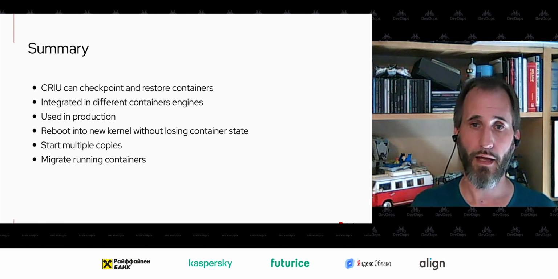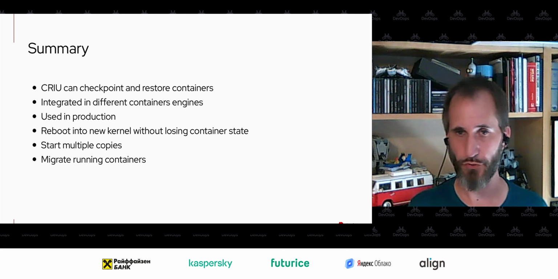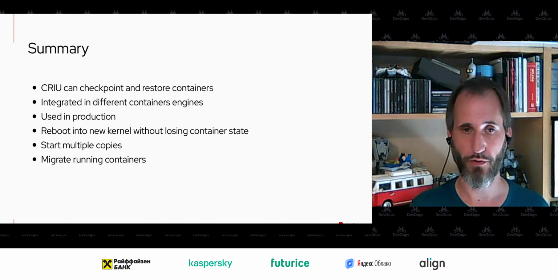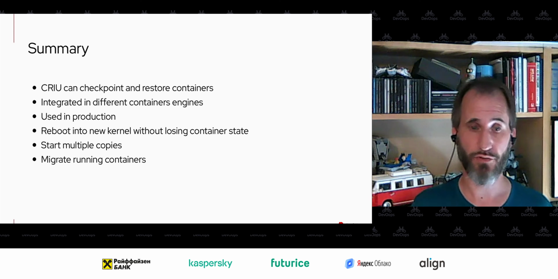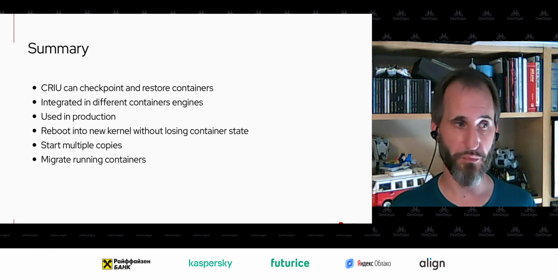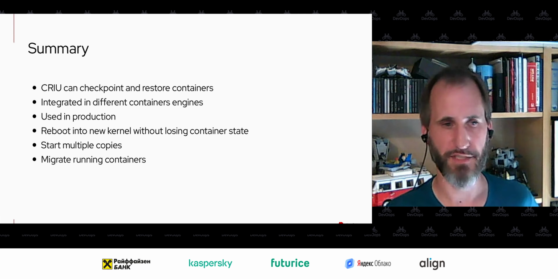As use cases, I presented rebooting into a new kernel without losing container state, starting multiple copies of an already initialized container, and what the title of the talk basically was, migrating running containers. This is all possible with CRIU and with its integration in the different container runtimes.